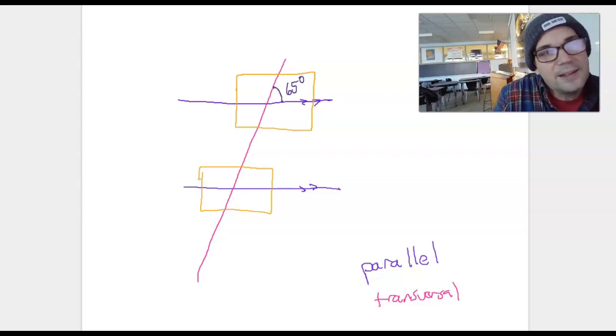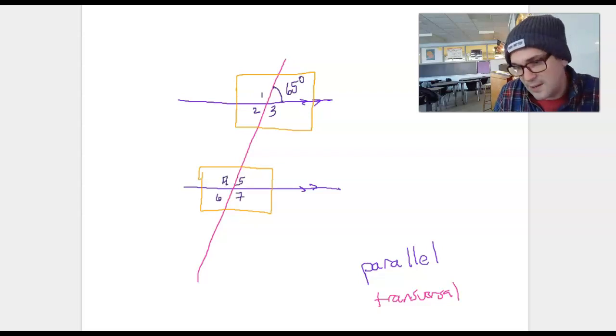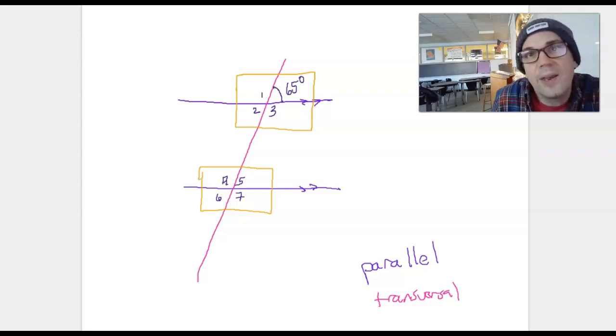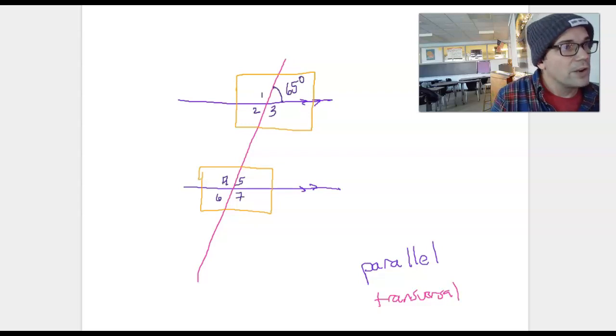Like basically every angle, this angle here, angle 1, angle 2, angle 3, angle 4, angle 5, 6, and 7, just by giving that 65-degree angle, if the lines are parallel, I can figure out every other angle on that page. Because as soon as I get this, let's make this box not yellow, but orange.